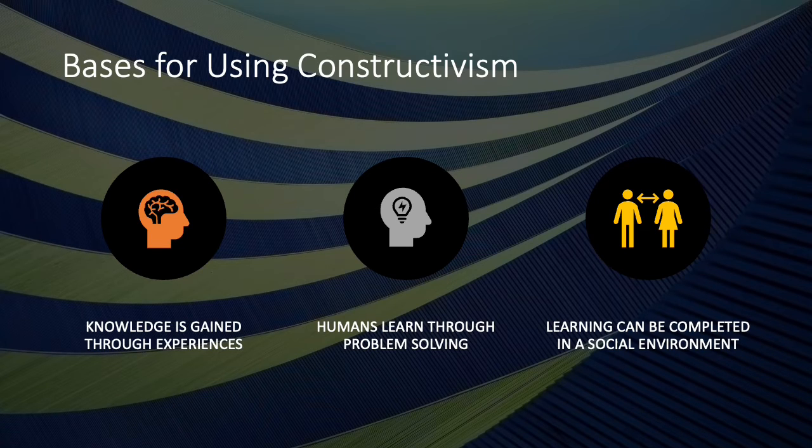Problems may arise either on their own or in a classroom, which promotes learning by solving the problem. And finally, learning can be completed in a social environment. Learning can be a social activity which involves working together with others by negotiating and participating in community practices.